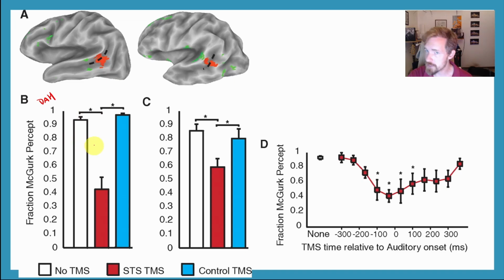And so whenever there is no TMS, people were perceiving that most of the time. Whenever they turned on the TMS device, you can see it drops to essentially chance level.